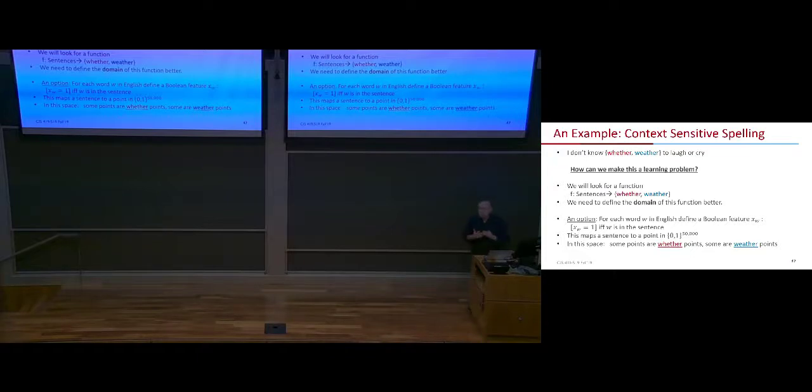We could make it, if I want to encode the position, my dimensionality is going to go up, right? Because for each word, I'm going to have to encode whether it's in the first position, second position, third position. Maybe as you suggest, let's assume that the length of a sentence is up to 100.